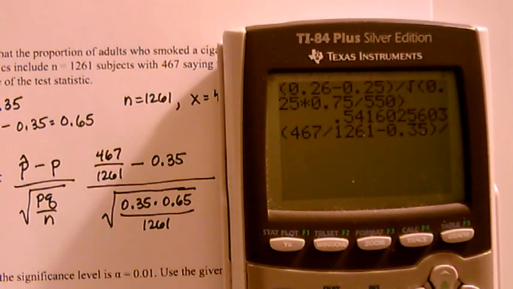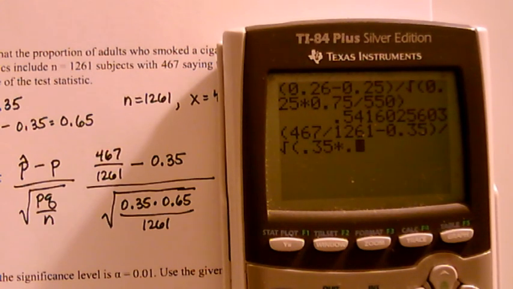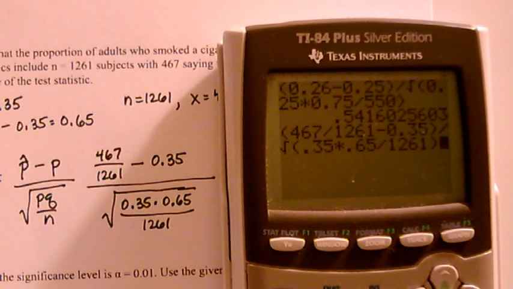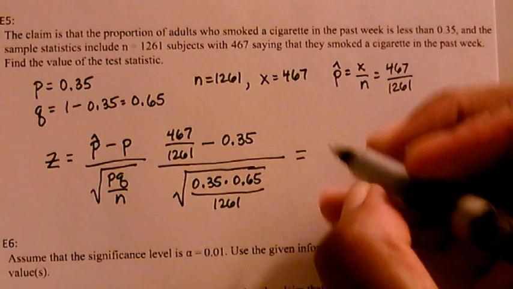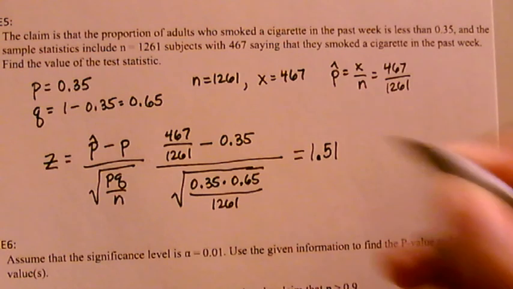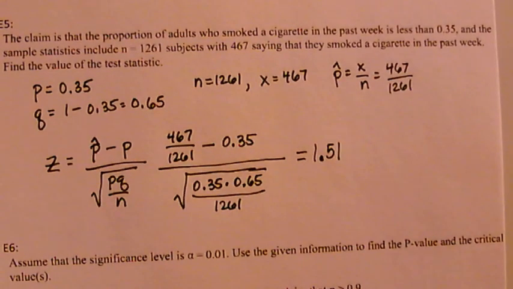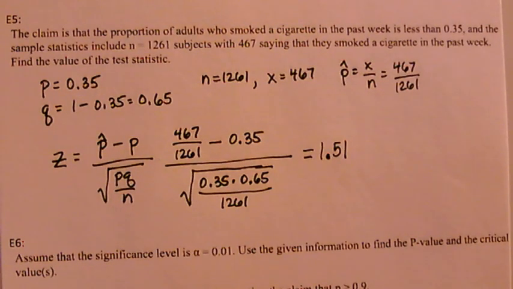And then that's divided by, and then second x squared for the square root, 0.35 times 0.65 divided by 1261, close parentheses. Hit enter. To two decimal places, that will be 1.51. The z values you always round to two decimal places, so for the sample statistics that's given, our test statistic will be 1.51.